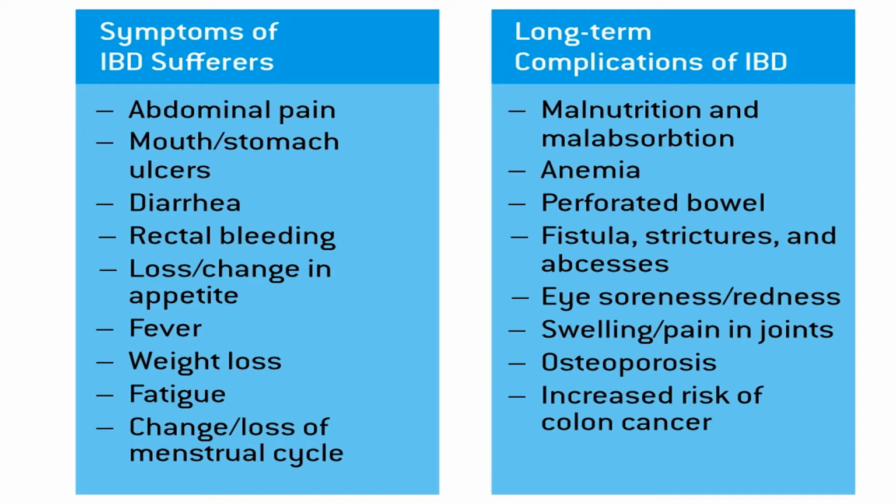Some of the long-term complications of IBD are malnutrition and malabsorption, anemia, perforated bowel, fistulas, strictures and abscesses, eye soreness and redness, swelling and pain in the joints, osteoporosis, and increased risk of colon cancer.